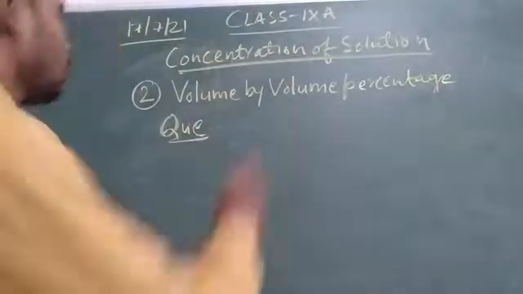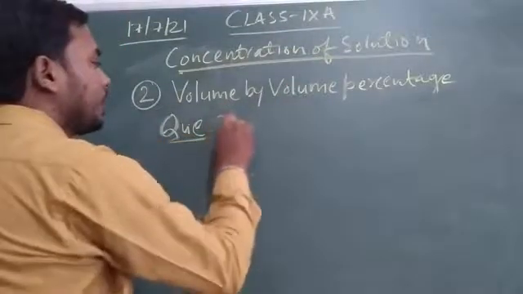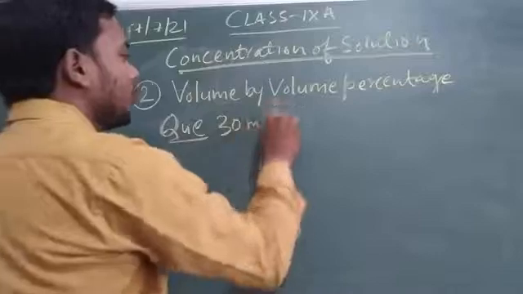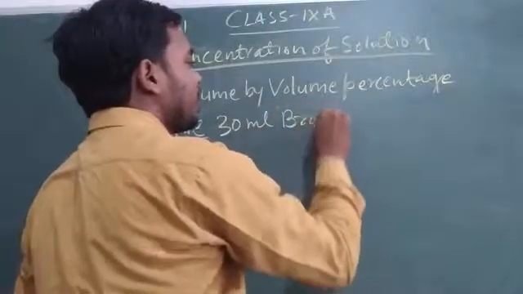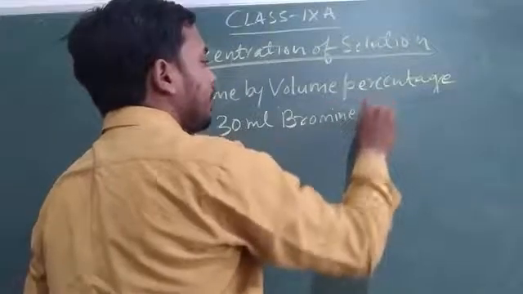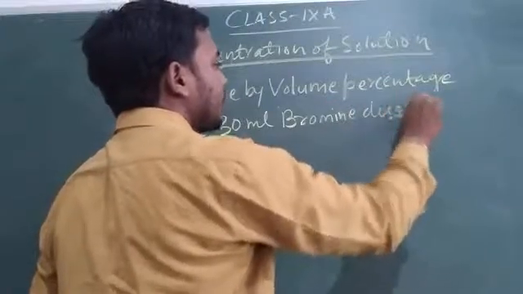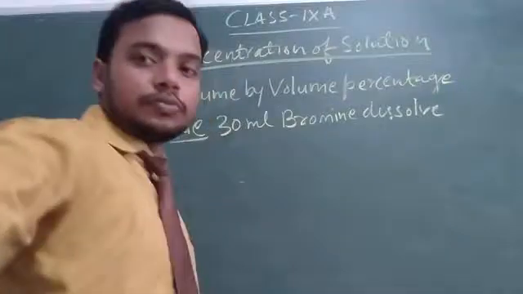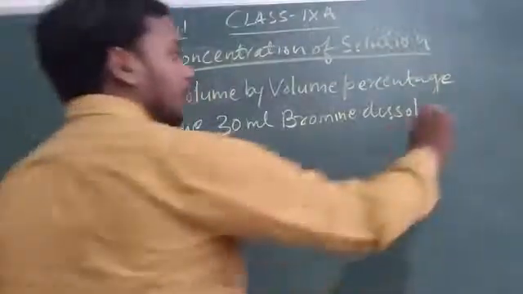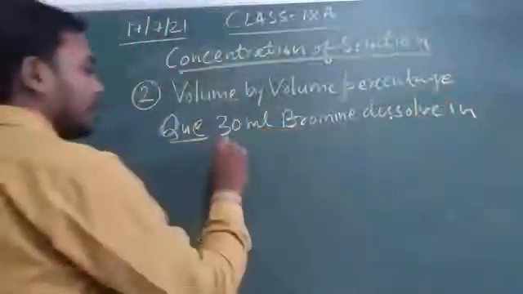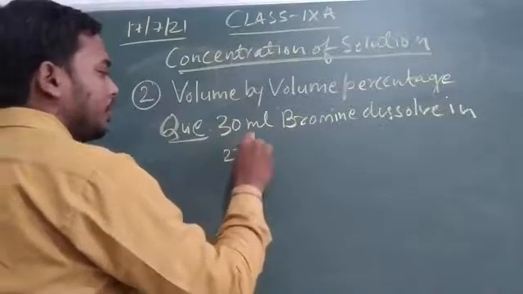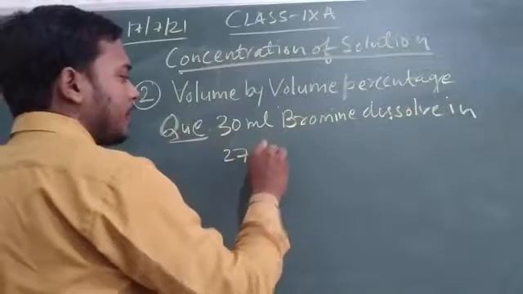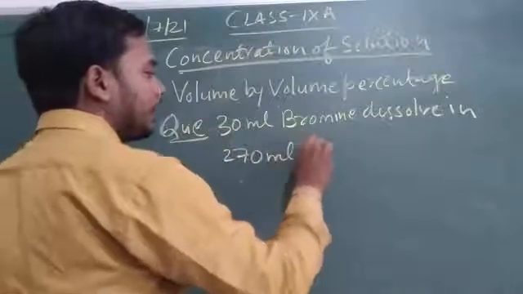Next question is that 30 ml bromine is dissolved in 270 ml carbon tetrachloride.